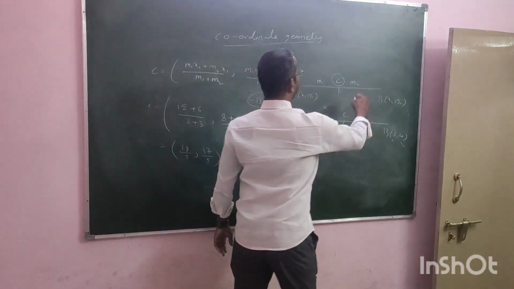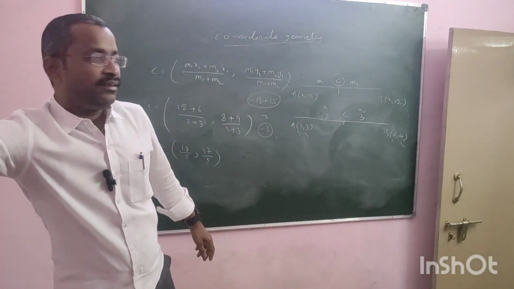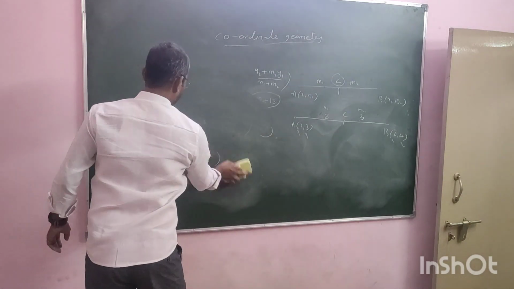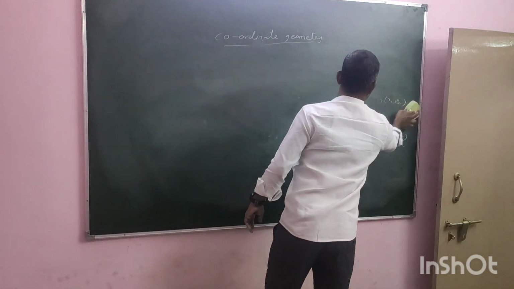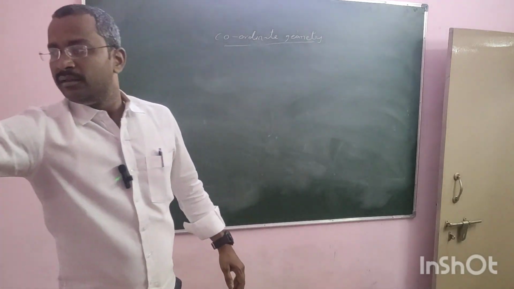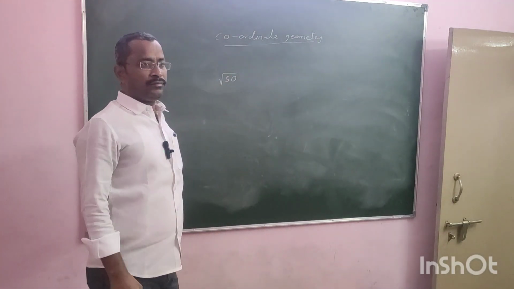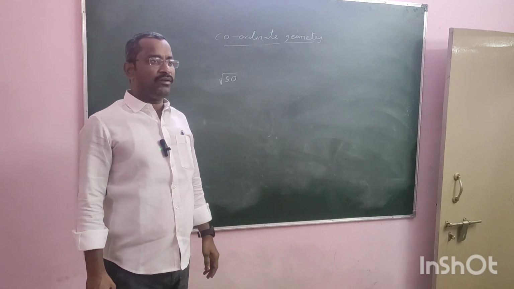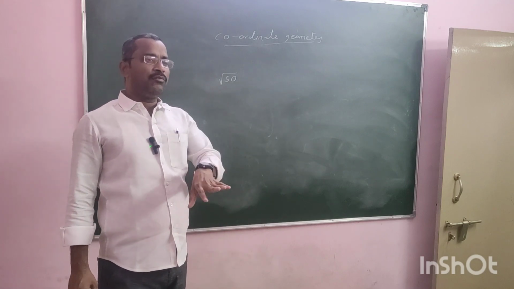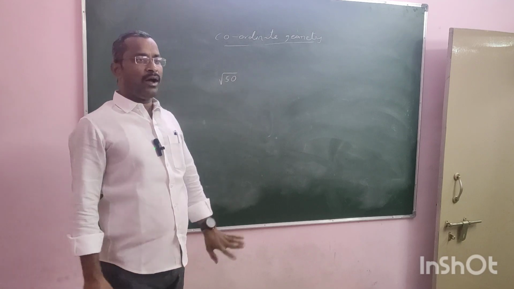So addition, subtraction, multiplication, division and square roots also. For example, let me explain. In the distance formula, there is a problem. Sometimes you may get it as root 50. As much as possible, if you are able to simplify, you have to simplify.